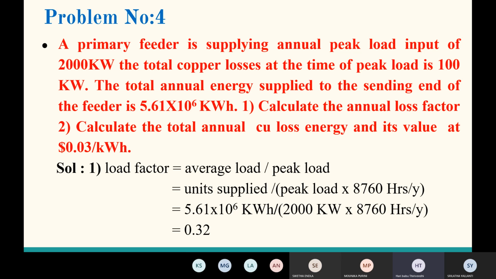The total losses at peak load are 100 kilowatt, and the units supplied to that area during a year are 5.61 million.